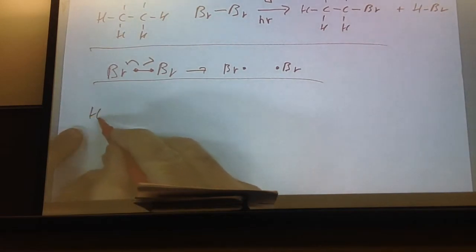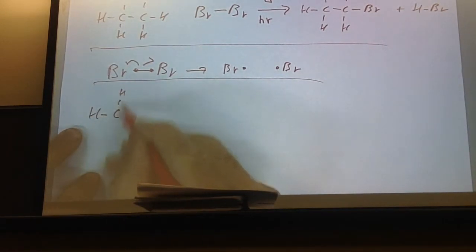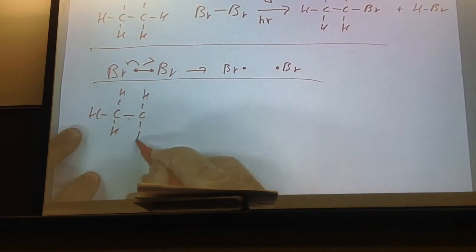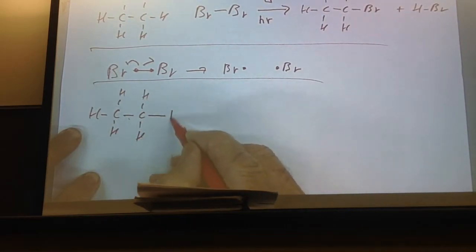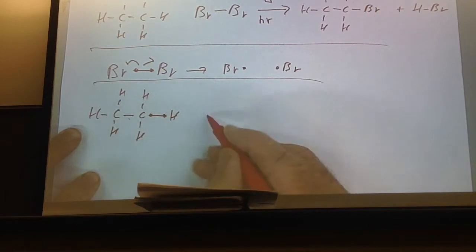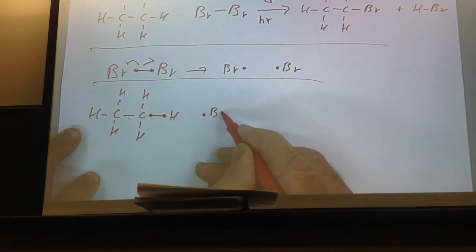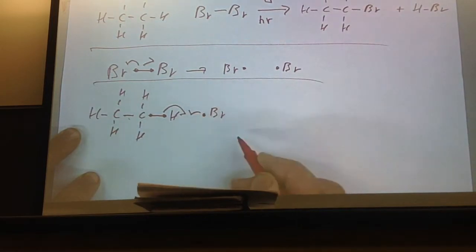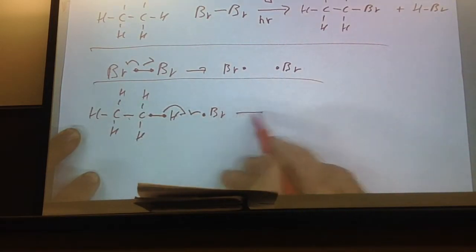Then, the first chain propagating step. Again, you don't have to put dots here. Just give me something like this, with the dot on this carbon.